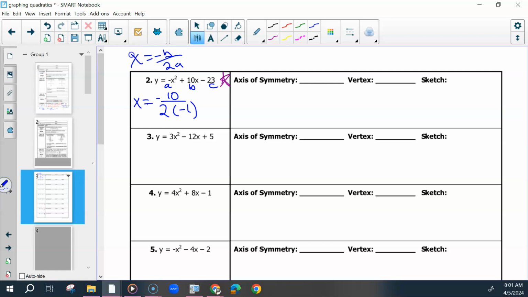What would our axis of symmetry be? X equals 5. From there, put 5 into all of your x values. And either put that into the calculator or simplify each piece.